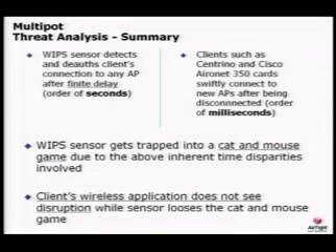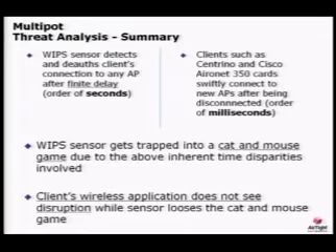So summarizing the threat analysis we have done so far, a WIP sensor has certain finite delay associated with it in determining a new connection, and that is of the order of seconds. However, certain fast clients such as Centrino and Cisco 350 reconnect with an AP, and this is of the order of milliseconds.